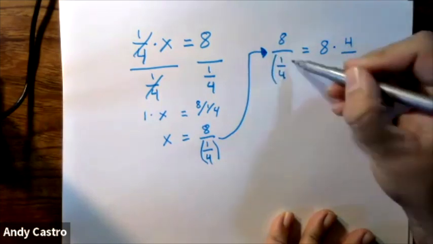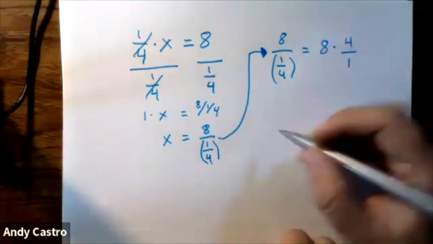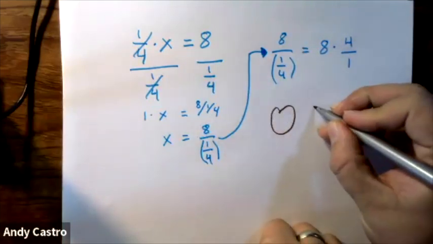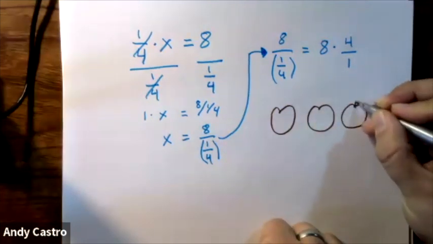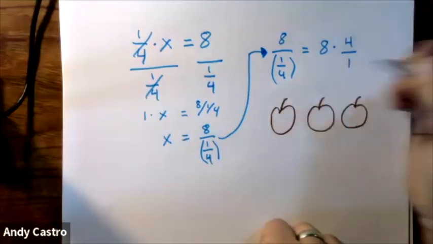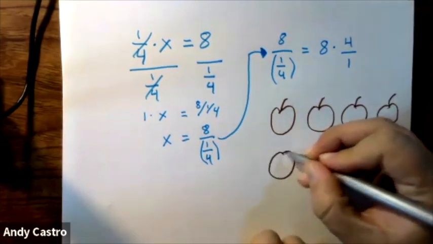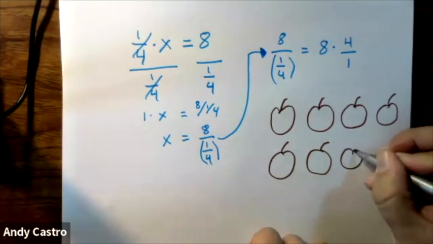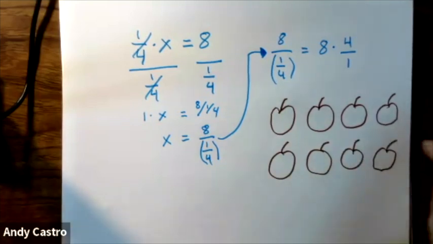Now, I've explained this before, but I'll do it again because this is a really good thing to remember. If I had 8 apples, right? 1, these are going to look like terrible apples, but bear with me. 2, 3, 4, 5, 6, 7, 8. All right.